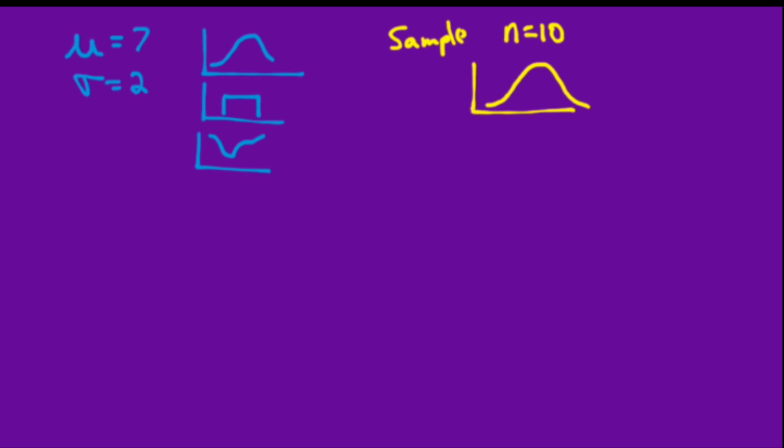Now, what we've been working on is how do we apply our z-score, z-value techniques to this sample distribution, or distribution of the sample means, right? So each of these samples of n equals 10 will produce a sample mean, and that sample mean follows a normal distribution.